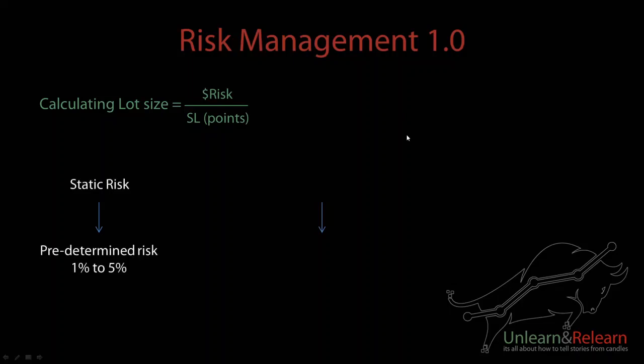Now risk is basically divided into two parts. Number one is your static risk. Number two is your dynamic risk. Most people like to use static risk, and when you're a new trader, I would recommend static risk.